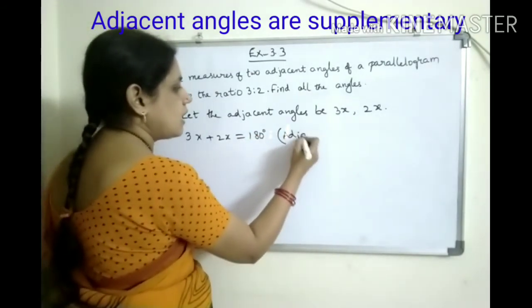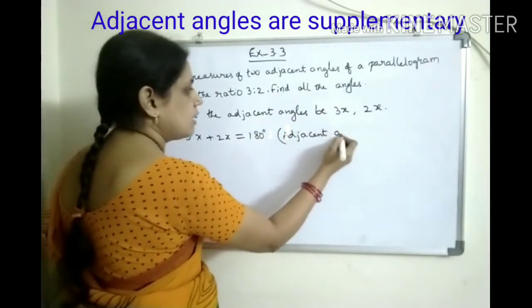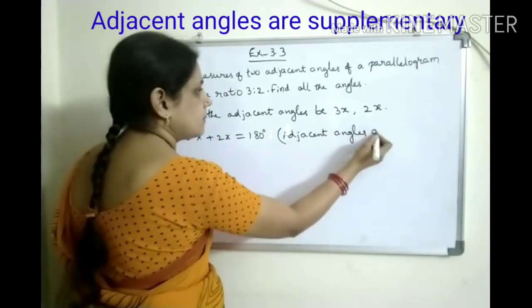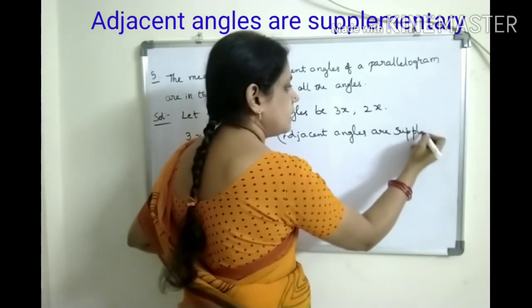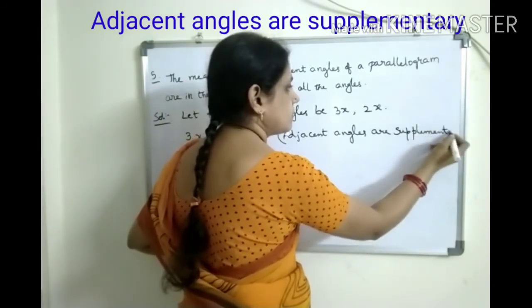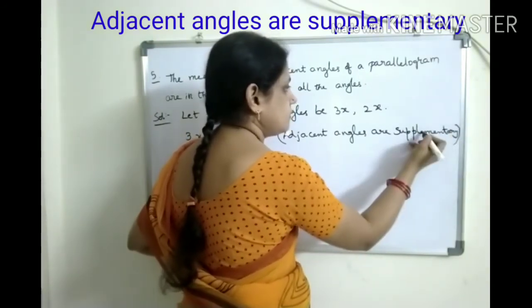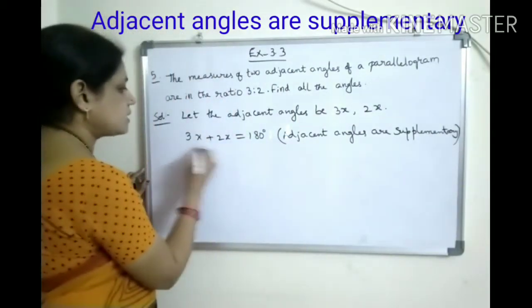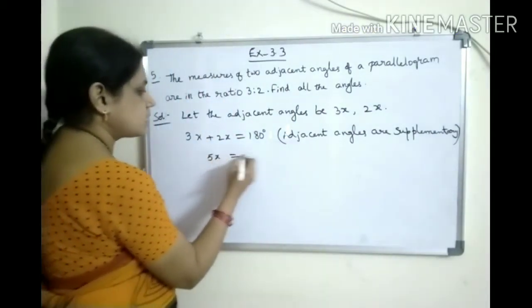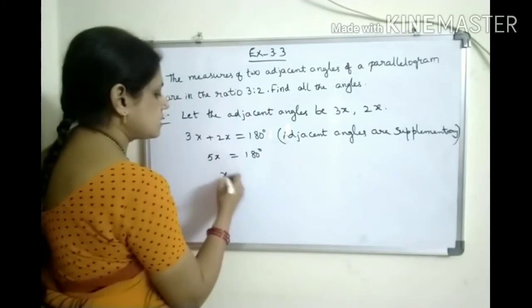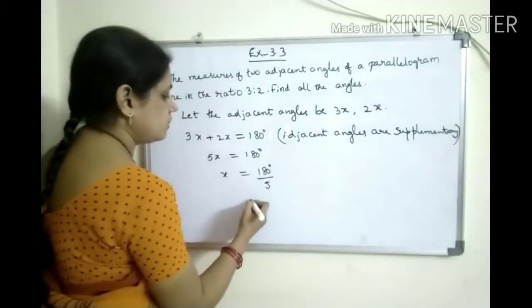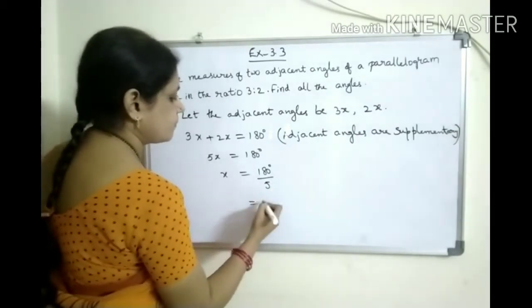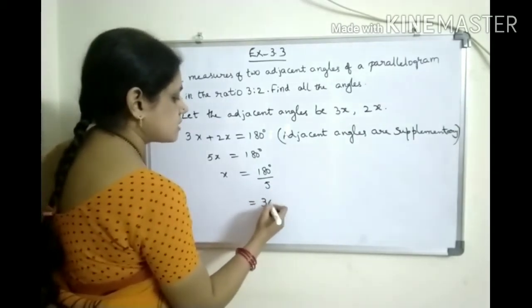How is it? Adjacent angles are supplementary in a parallelogram. So 3x plus 2x equal to 5x equal to 180 degrees. X equal to 180 by 5, that is 36.